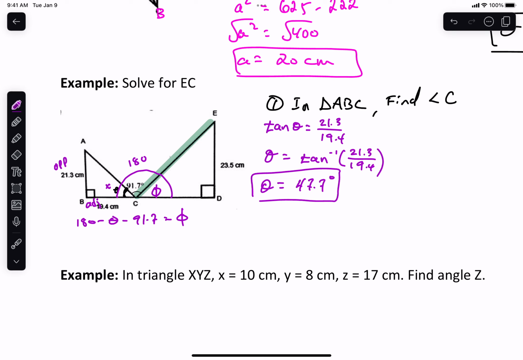Okay, I now know theta. Theta is 47.7. So if I go 180, take away the 47.7, minus 91.7, that should equal the phi angle in here.